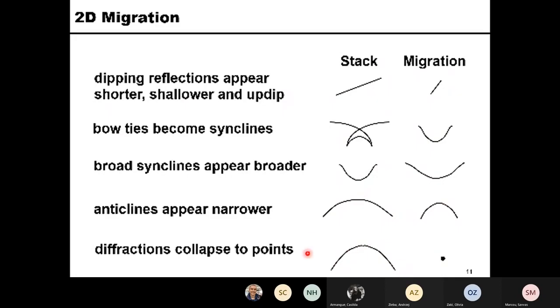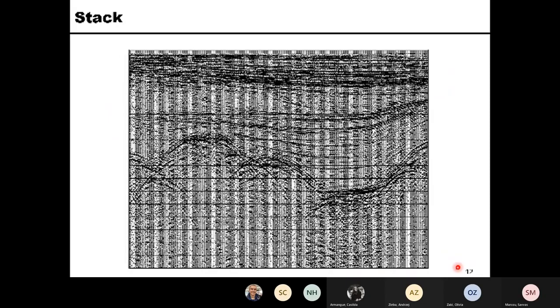You just sum them together, follow this diffraction curve, and you image all points. But if the summation is zero, it means there's no diffractor. If the summation is non-zero, you have some amplitude appear, right? So that's one of the principles for migration. We're talking about this in detail later.